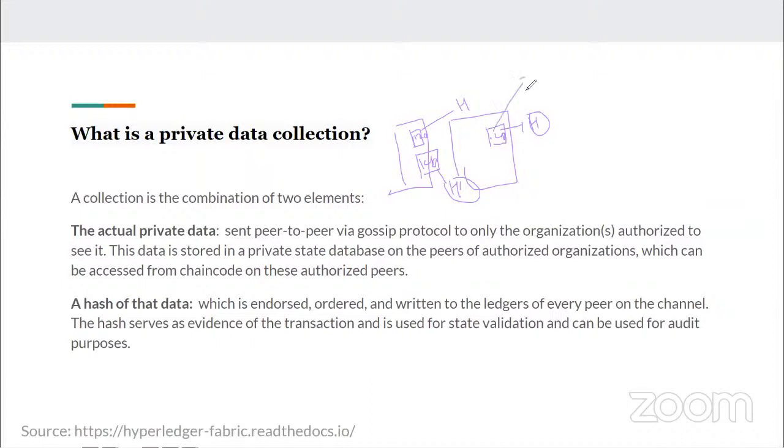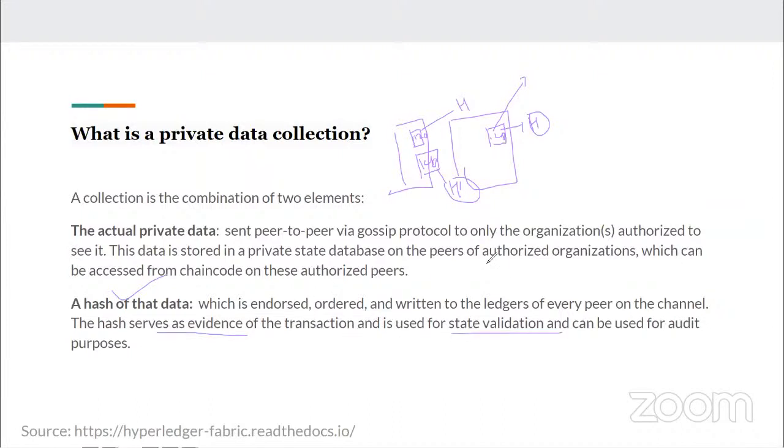Now this organization can claim that whenever there is an audit or some authority who is going to check what the issue is between these two organizations, that authority will check the hash value, and they will be able to resolve that organization 1 was incorrect and the actual value was 1,20,000. So this is what hash helps with in endorsement, and this hash serves as evidence of the transaction and is used for state validation.